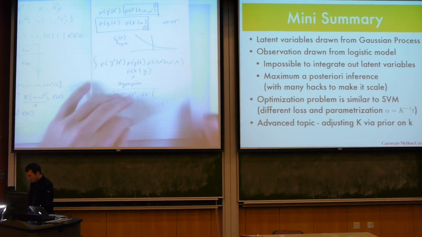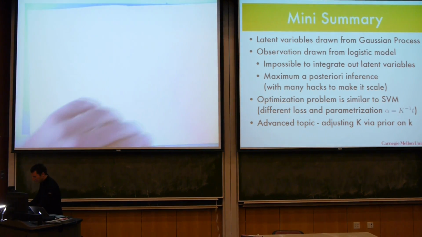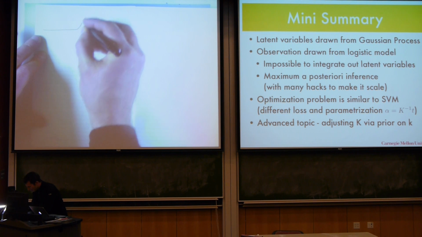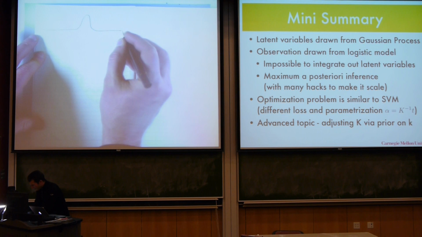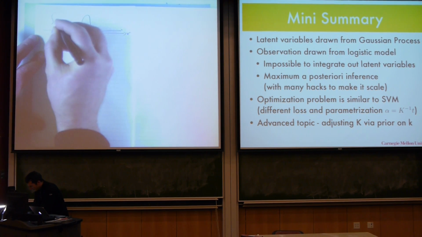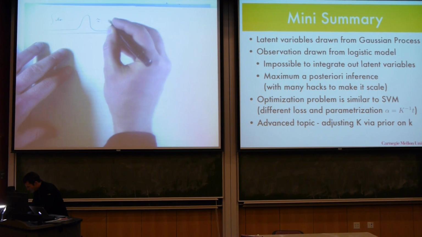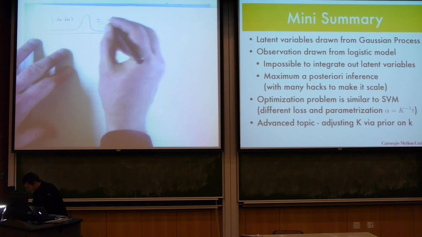And the reason why you can get away with that, as you probably recall from before, is if I have a distribution that looks like so, and I have to solve the integral over a random variable x, dx, that's approximately equal to f of x hat.